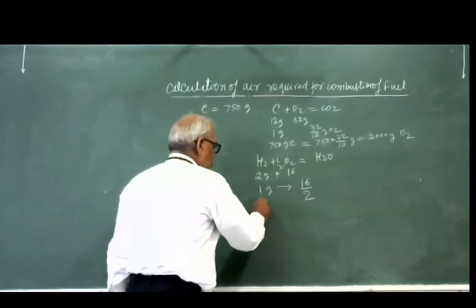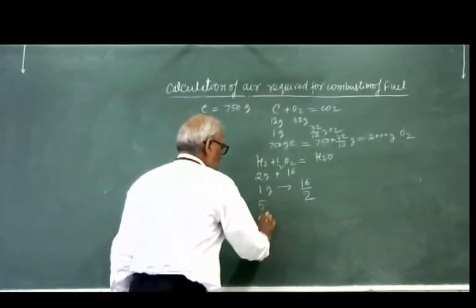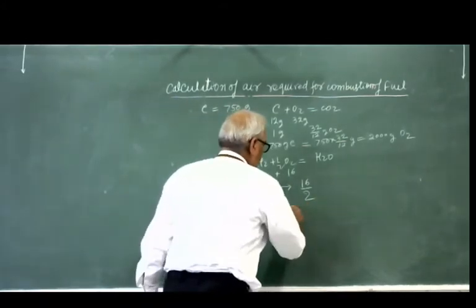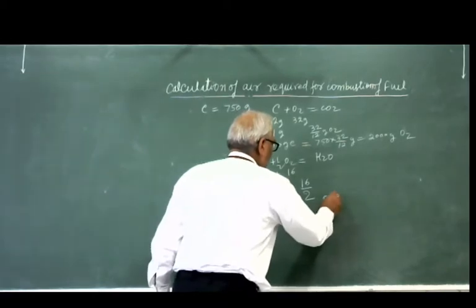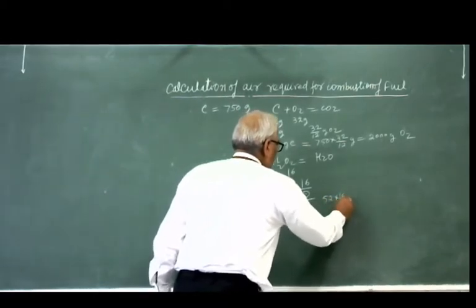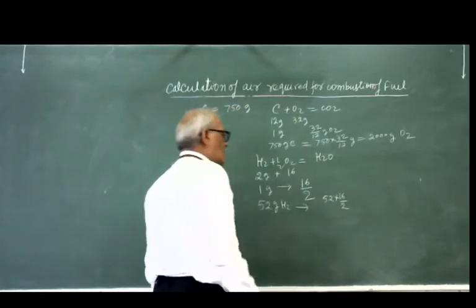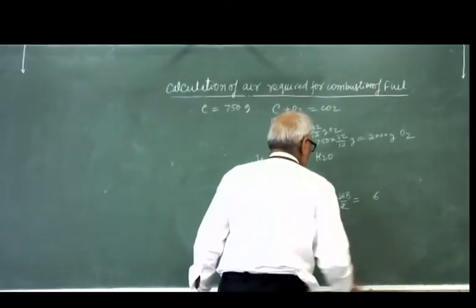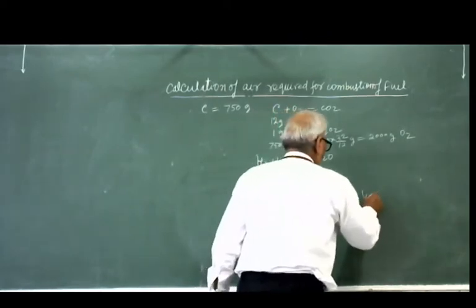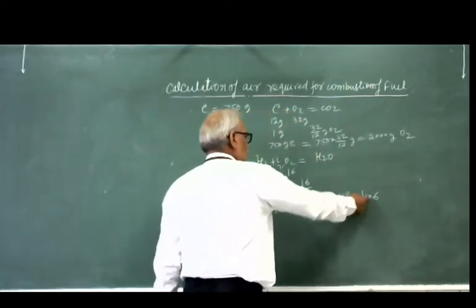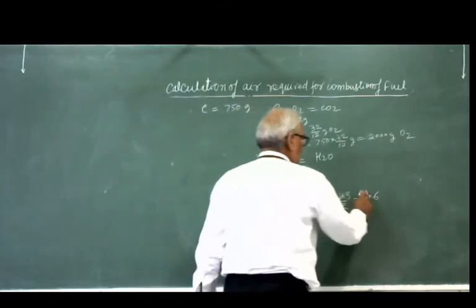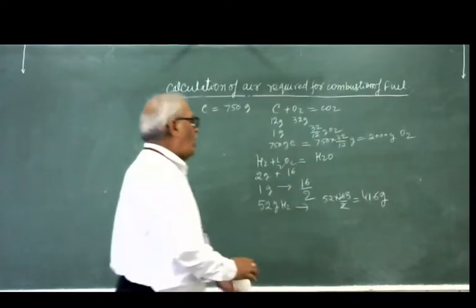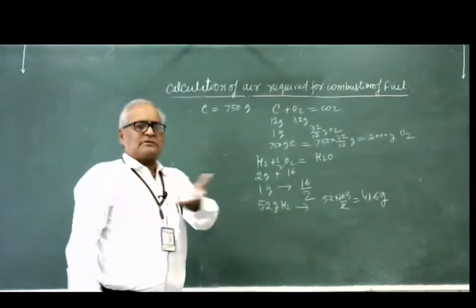And for 52 gram hydrogen, it is 52 into 16 upon 2, that is 416. Just see, you have done a very simple calculation.